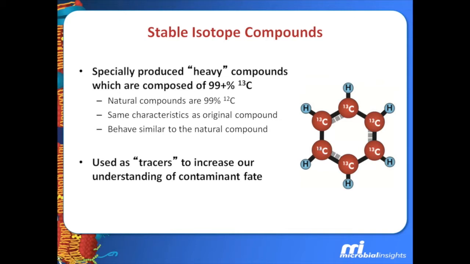Typically, 99% of the carbon in the biosphere is going to be carbon-12, and about 1% is going to be carbon-13. What we do is artificially increase the concentration of carbon-13 in a particular contaminant of concern. And then, using a biotrap, we offer that up to microorganisms in an environment to see if anybody there is capable of biodegrading that compound.